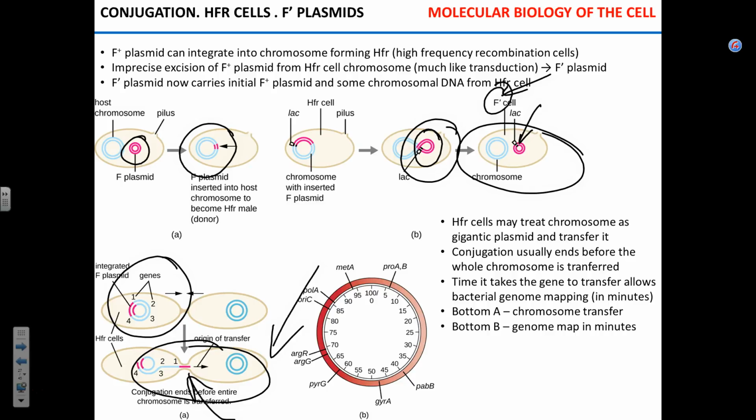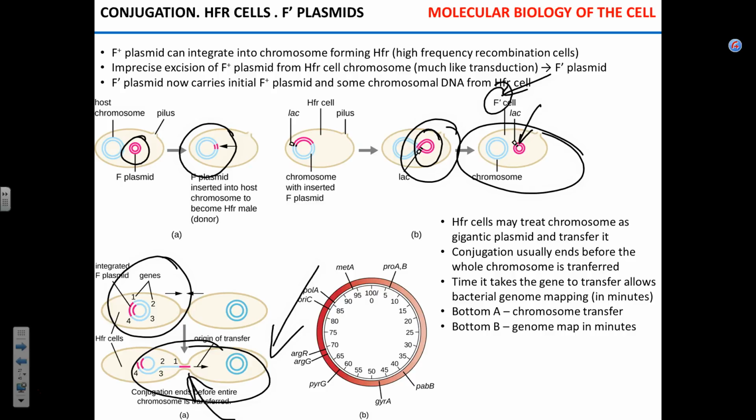Does that make sense? In one case, this pilus can stay formed for 10 minutes. In another for 20, 30, 40, 50, different times. Does that make sense? As you can imagine, during different periods of time, certain parts of the genome are going to get transferred.